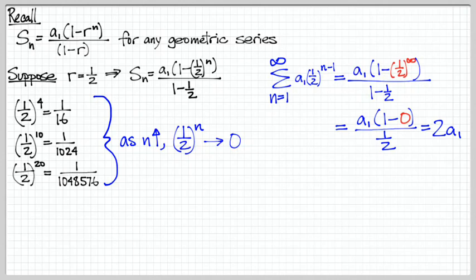This basically is 0. And so we have 1 minus 0, so then we have a divided by 1/2, which is equal to, if I take the reciprocal, 2 times a. So this infinite series actually has a value. It's twice the initial term.